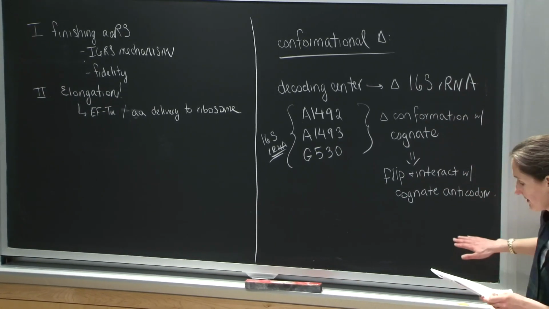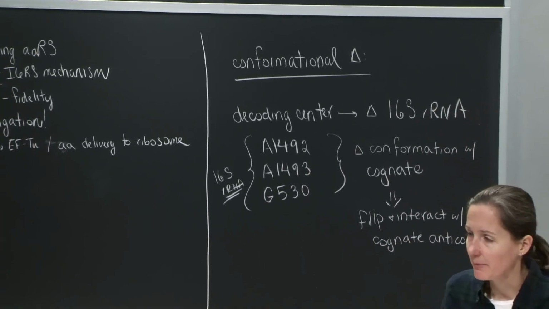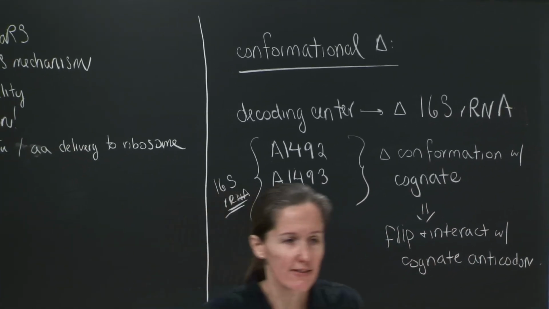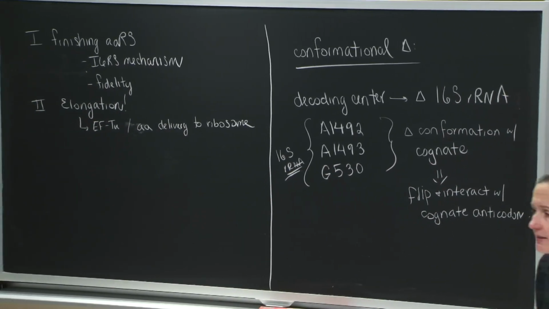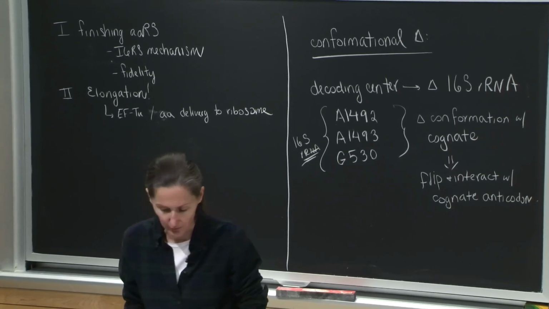So this stabilizes the codon-anticodon interaction, and that stabilization accelerates the forward steps. So that results in this acceleration of GTP hydrolysis. So then the question is, what's happening in the GTPase center of EF-Tu?